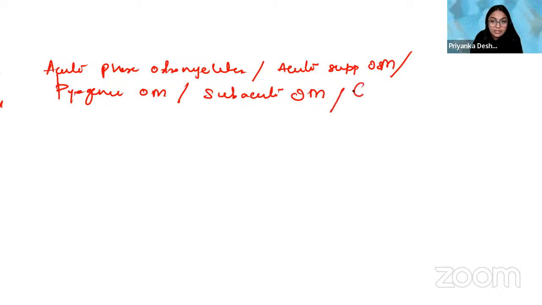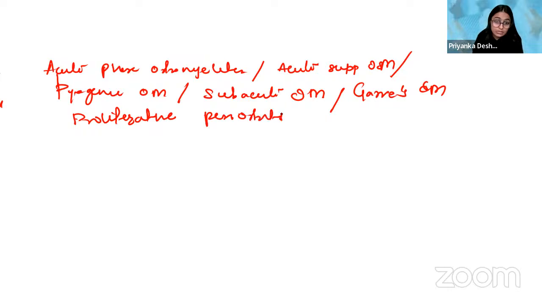All right. Then we have something called as Garre's osteomyelitis, and we have proliferative periostitis. So these all are the synonyms of one entity.